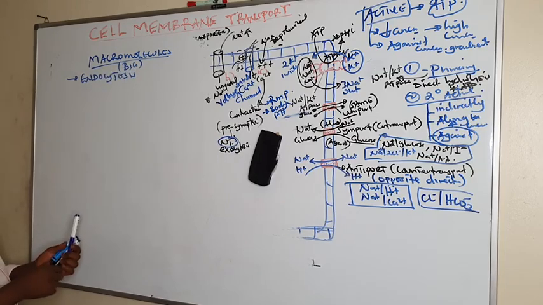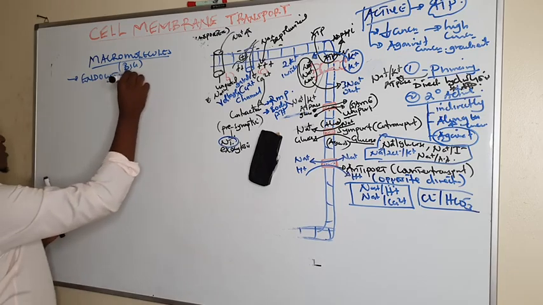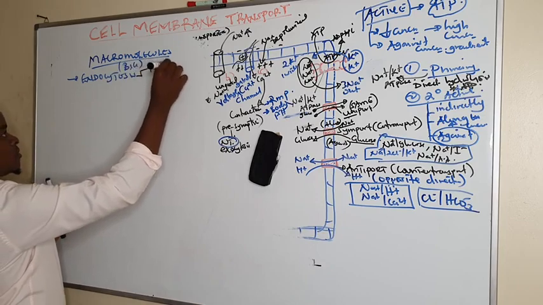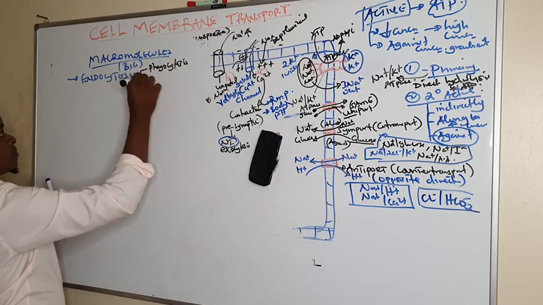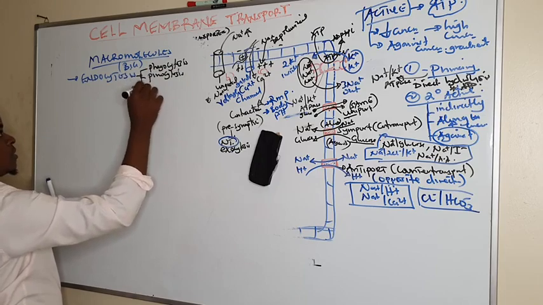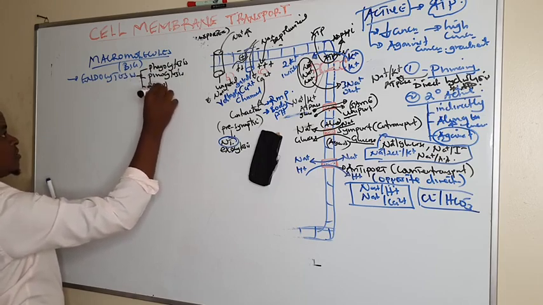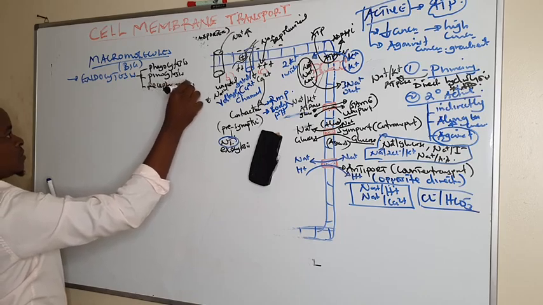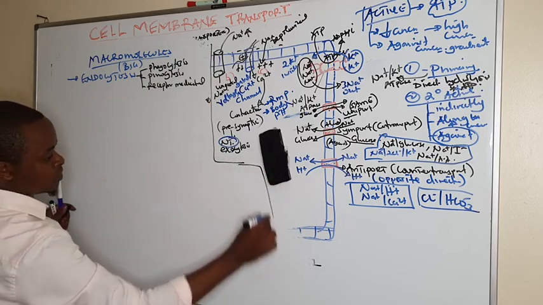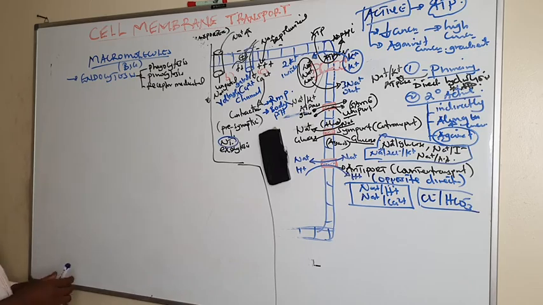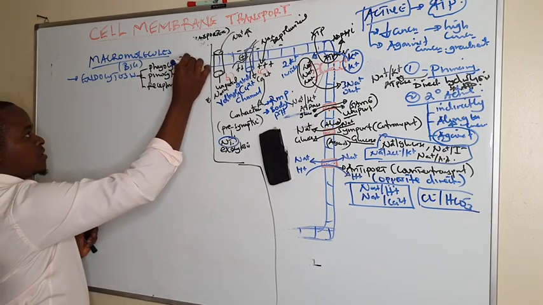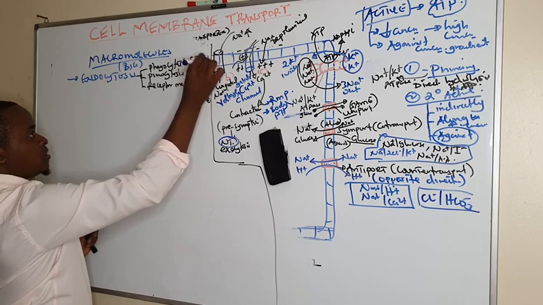Endocytosis, which is categorized into phagocytosis, pinocytosis, and receptor-mediated endocytosis, whereby phagocytosis is cell-eating.